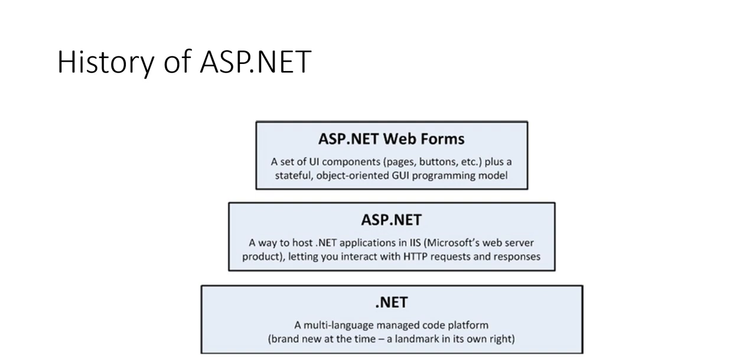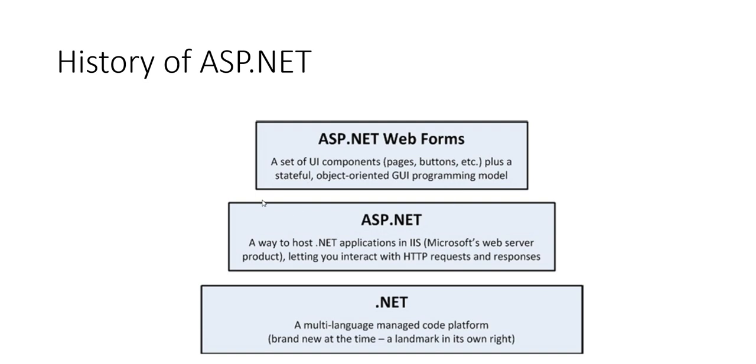Microsoft, on top of this .NET platform, introduced ASP.NET, which supported different languages as it was on top of this layer. The purpose of making ASP.NET was to host the .NET applications in IIS, Microsoft's web server product, letting you interact with HTTP requests and responses.